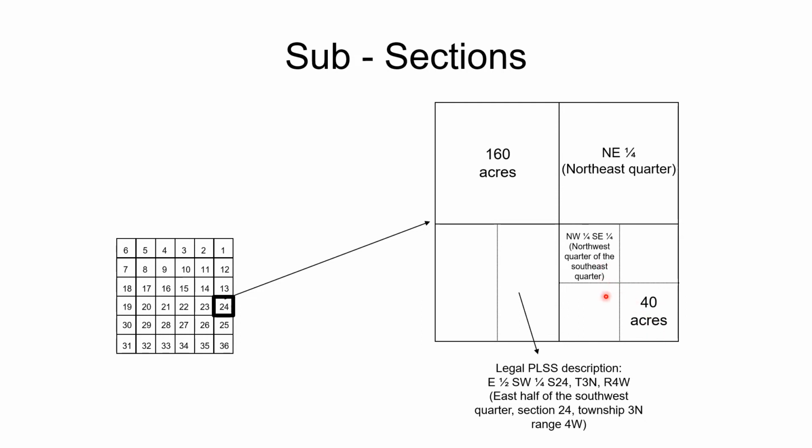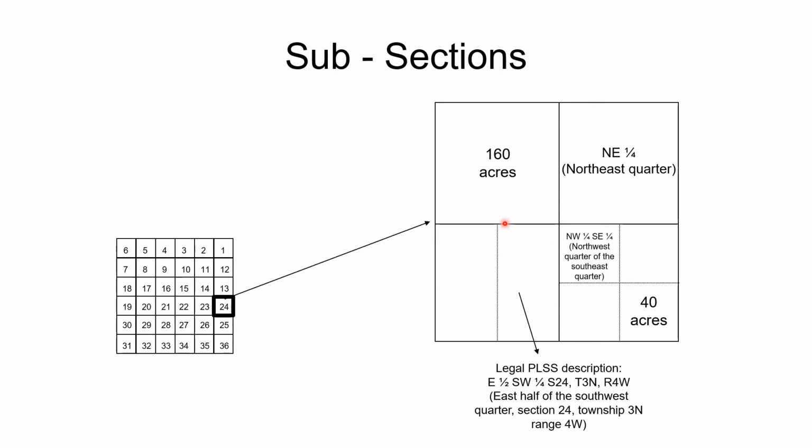So for instance, this parcel right here, its legal description would be the northwest quarter, that's this, of the southeast quarter of Section 24, Township 3 North, Range 4 West. Okay, that's the legal description of this parcel.